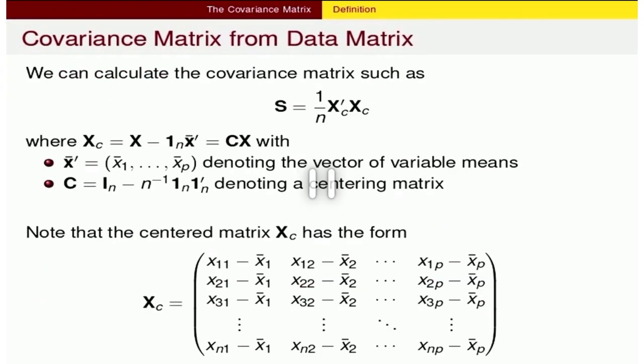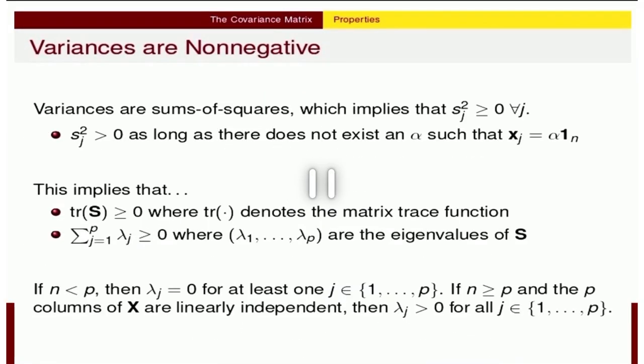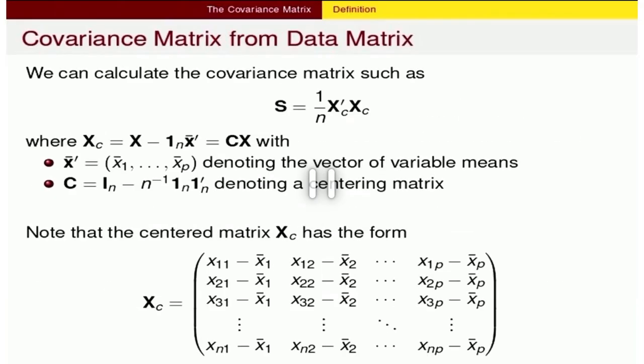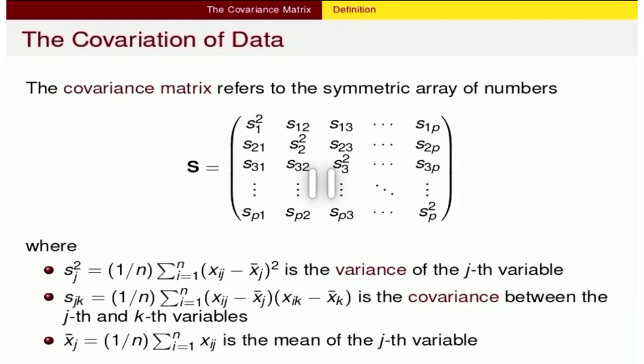Okay, now I want to focus more on the variances. I'm talking about the elements in the diagonal of the covariance matrix.